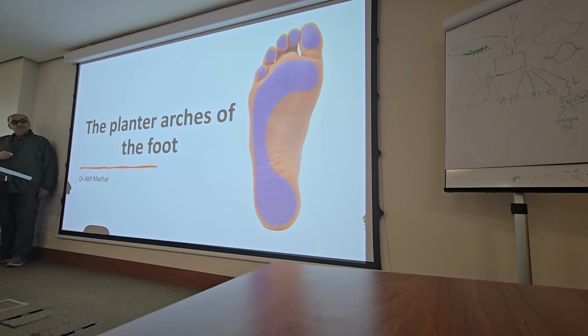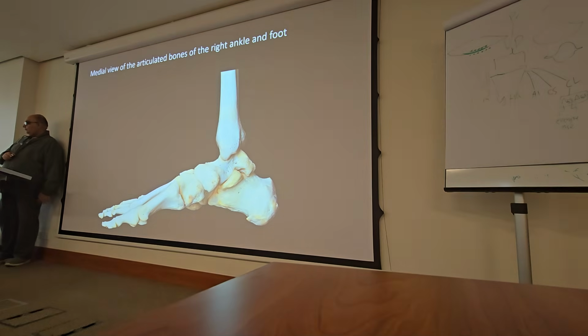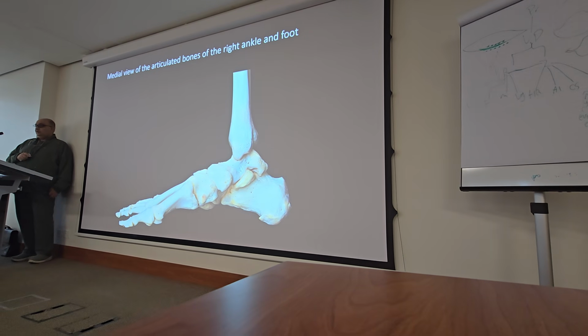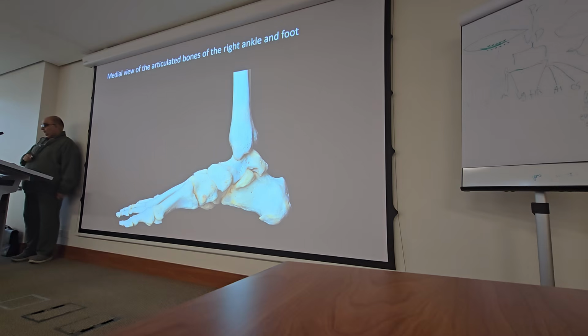If you see this pattern, it has a different name, but if you see paint everywhere, that is an abnormal foot. And this is a normal foot. So only this much part of the foot is touching the surface with your full body weight. Now, as our learning goes through the bones of the foot, that's important, and we'll talk about it shortly.